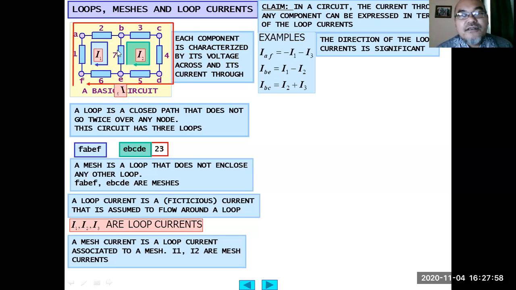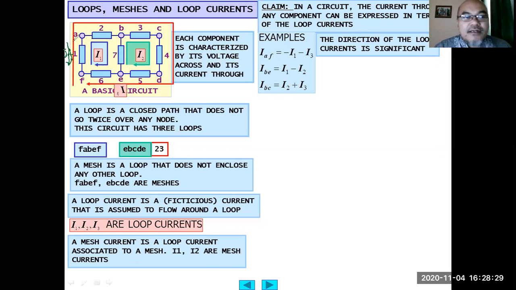Let me annotate here. IAF is this current. And how many loop currents are there here? There are two loop currents flowing through AF. The first current is I1, flowing through this one from F to A.